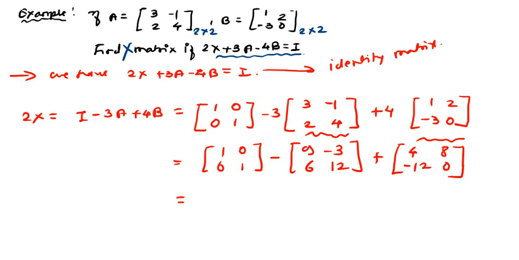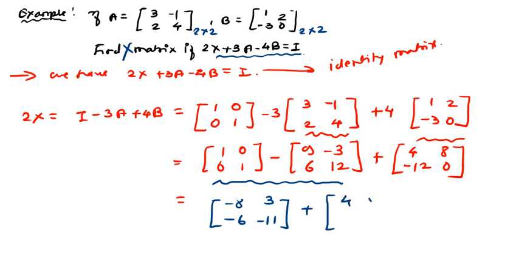Firstly we will subtract the first two matrices. So subtraction will be 1 minus 9 is minus 8, 0 minus 3 will be 3. Then 0 minus 6 will be minus 6, 1 minus 12 will be minus 11, plus [4 -12; 8 0].